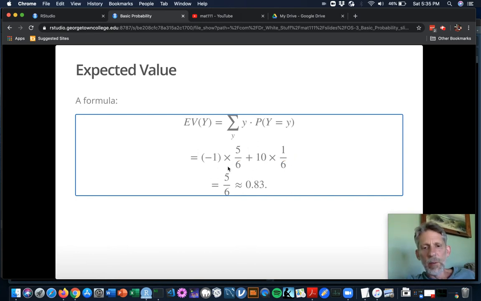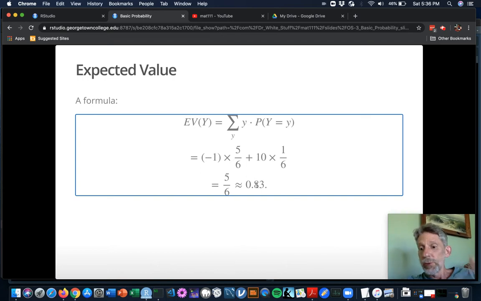So that's going to be a -5/6 coming from this term right here, this first one, and a 10/6 coming from this second term. 10/6 minus 5/6 is 5/6. That's about 0.83333333 repeating. So that's the exact expected value.